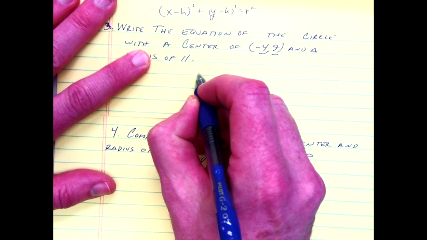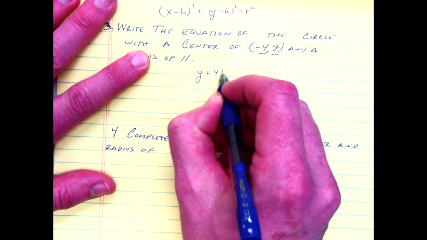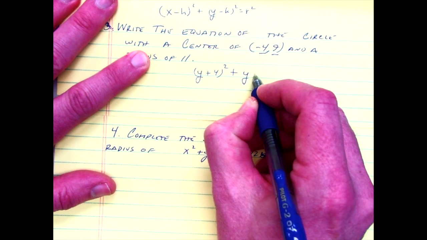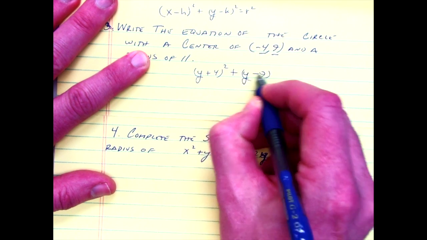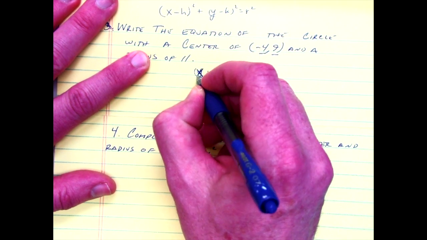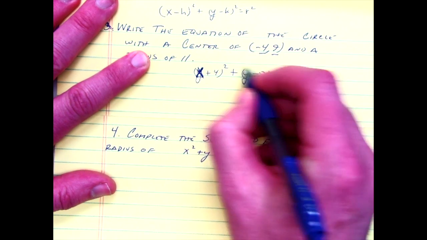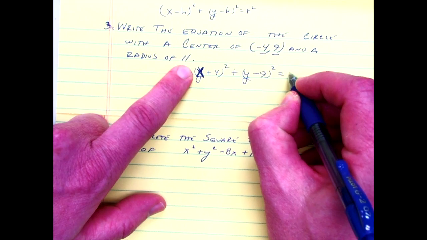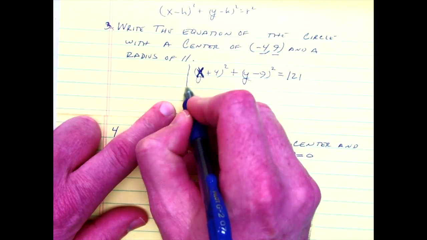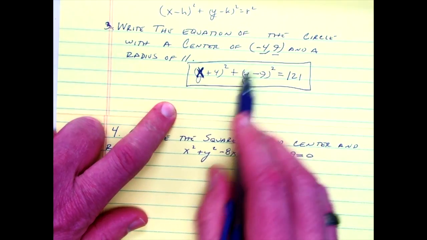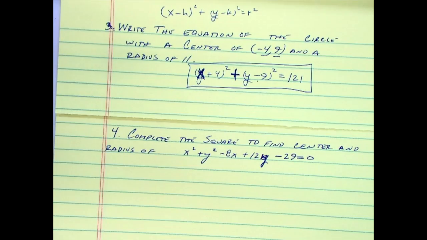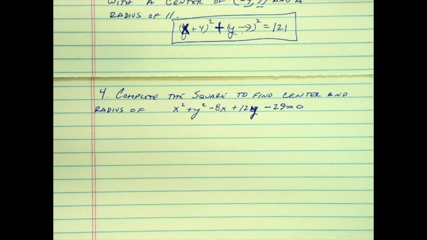So this is going to be x plus 4 squared plus y minus 9 squared is equal to our radius squared, which is 121. And that would be our equation of our circle. So our x value goes here, y value goes here, and there is an addition in between.